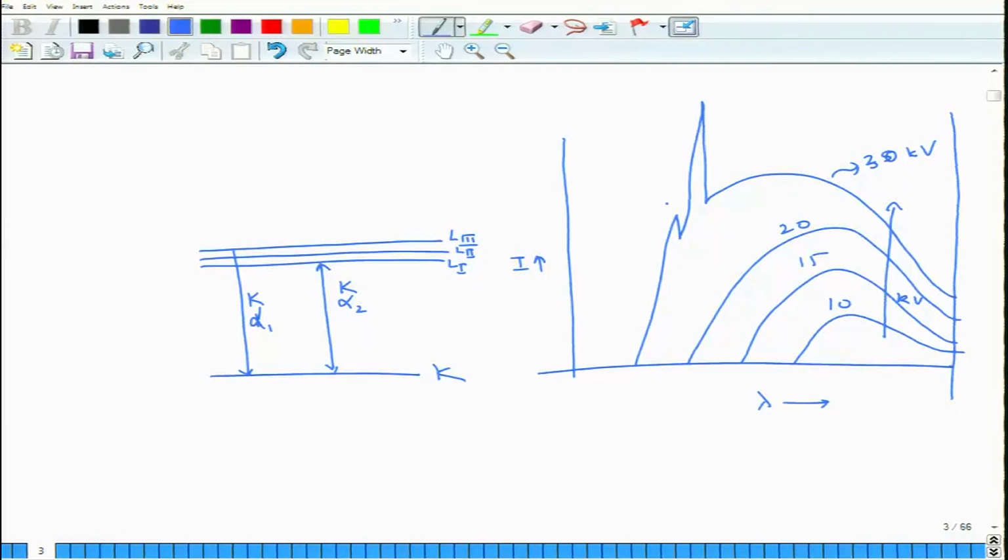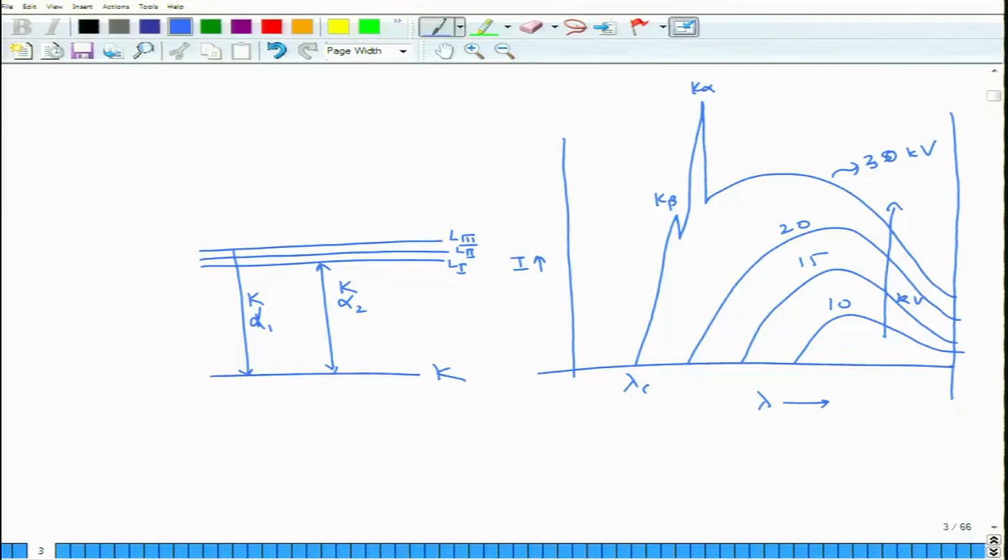At lower voltages you get radiation of wide wavelengths, which is called continuous radiation. At higher kVs you start getting characteristic radiation, which in this case could be K beta and K alpha, and this is very useful for X-ray diffraction because it provides high intensity.